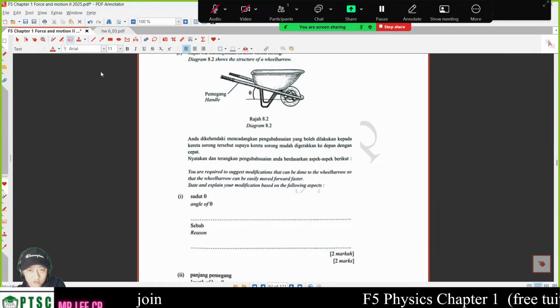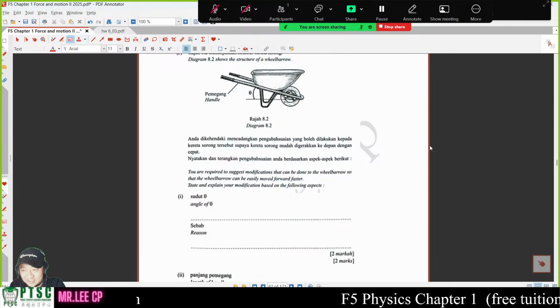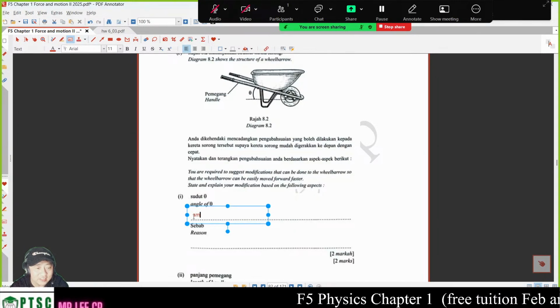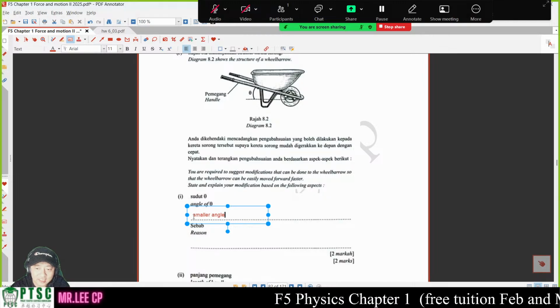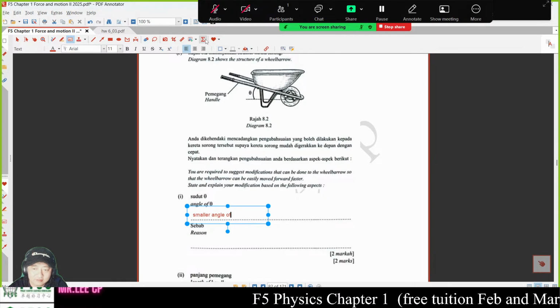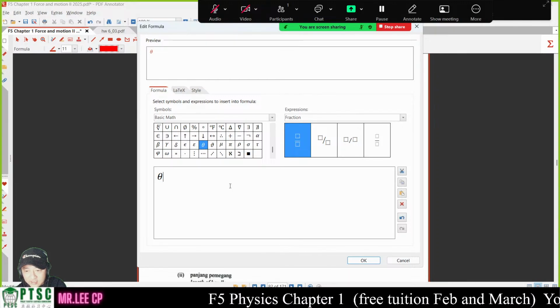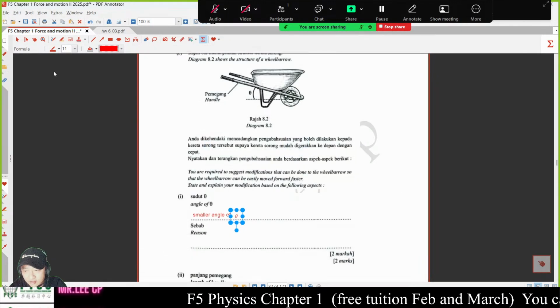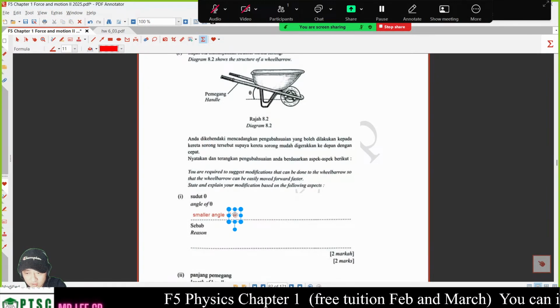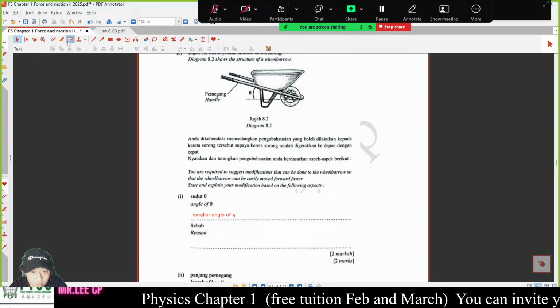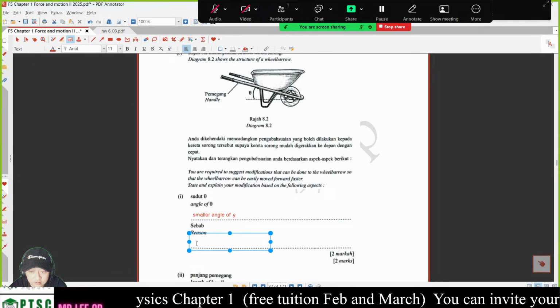I used calculation for you already. The angle of theta has to be smaller. Why? Because it produces more forward force.